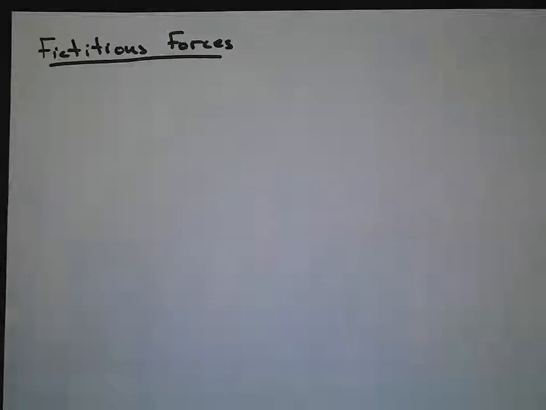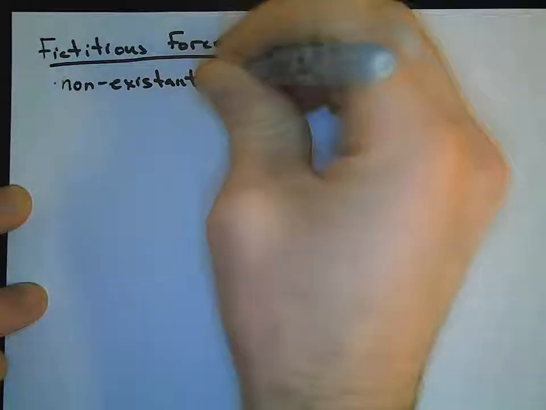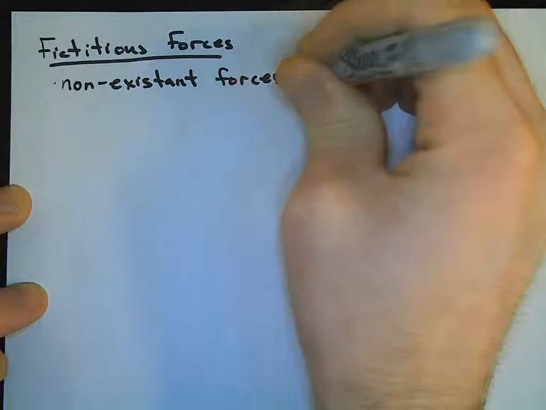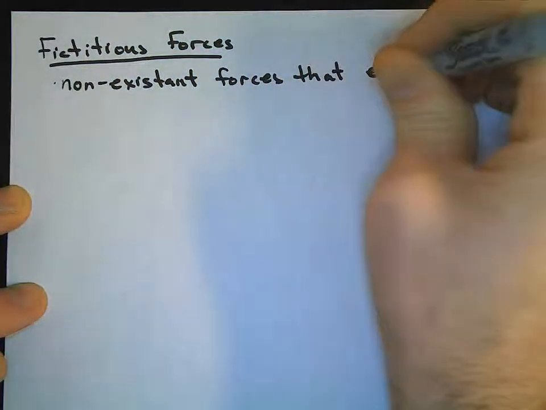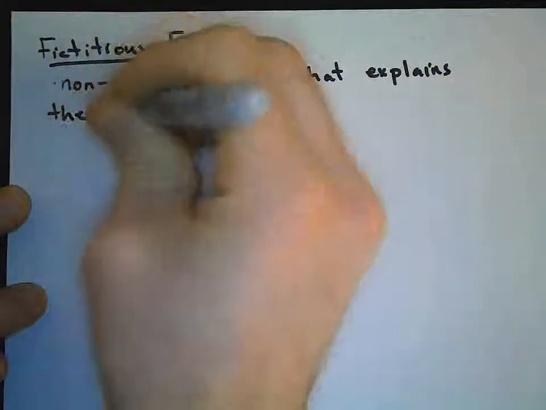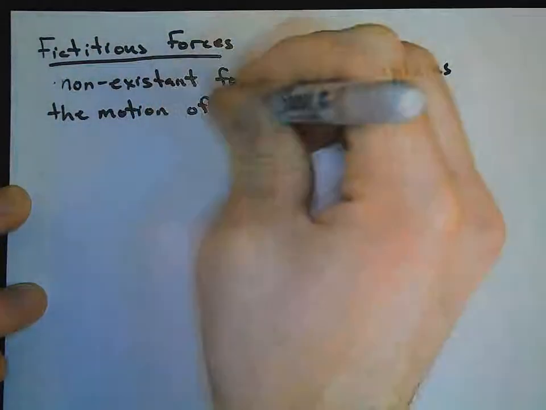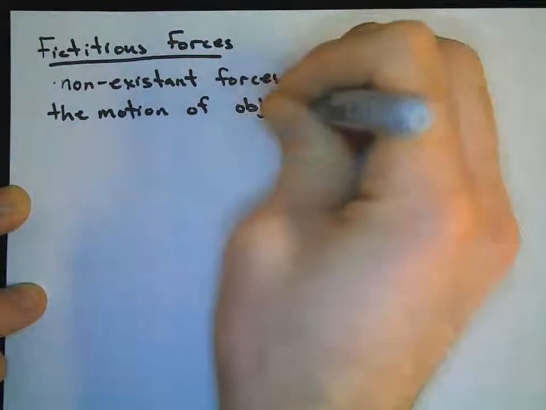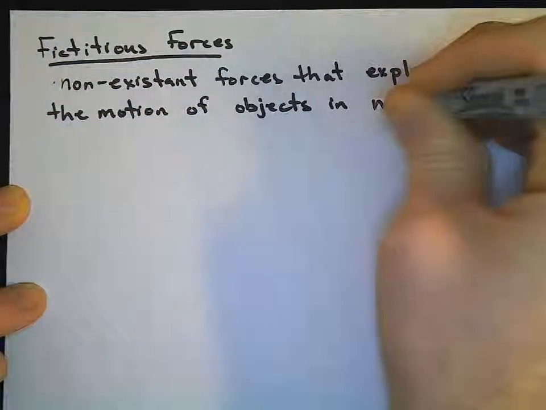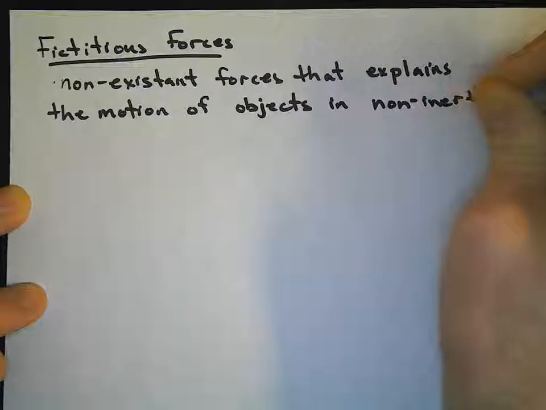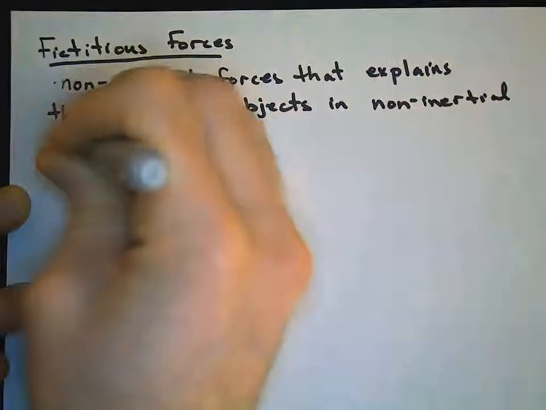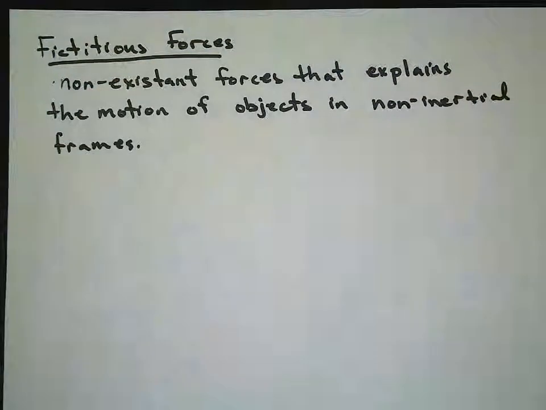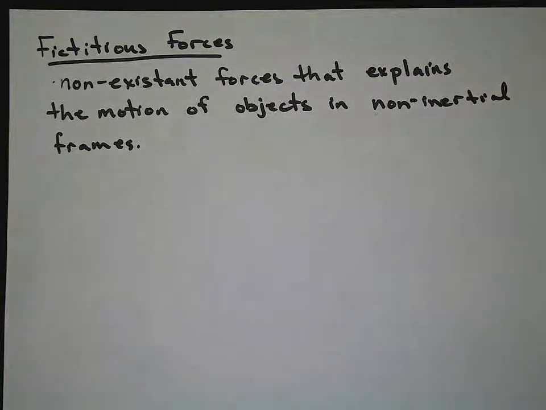Fictitious forces are non-existent forces that explain the motion of objects in non-inertial frames. So these forces are evident to us as observers, but they do not actually exist.